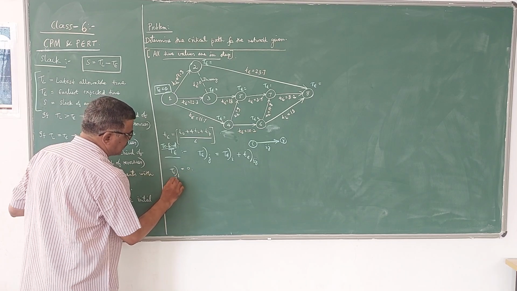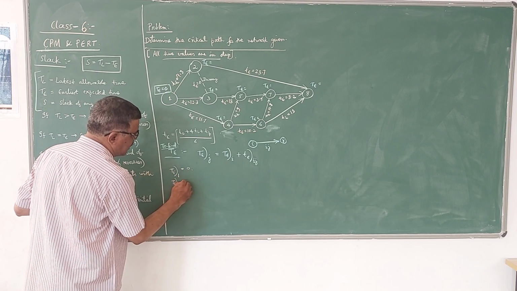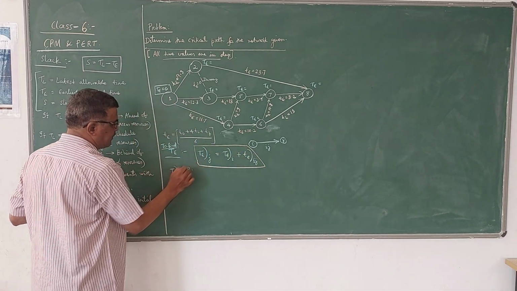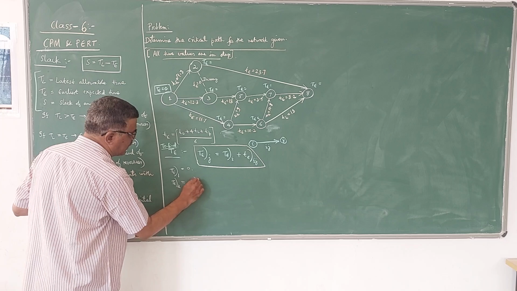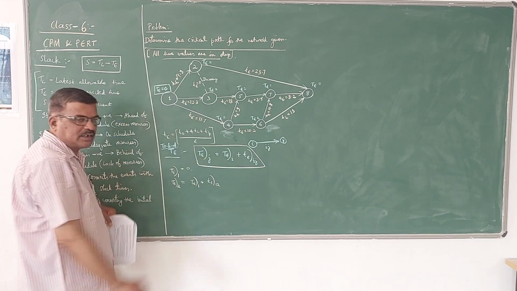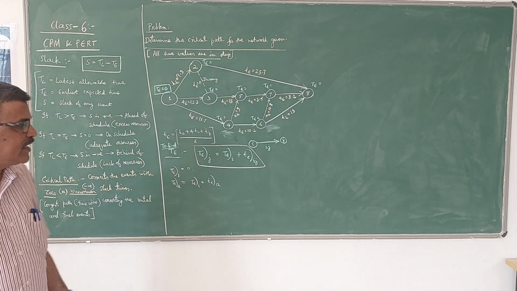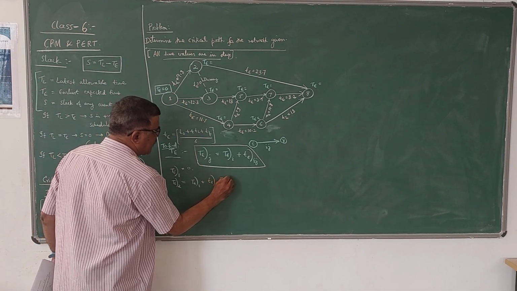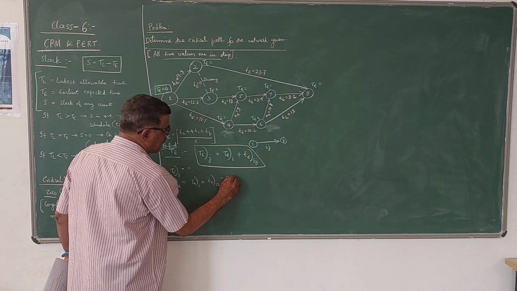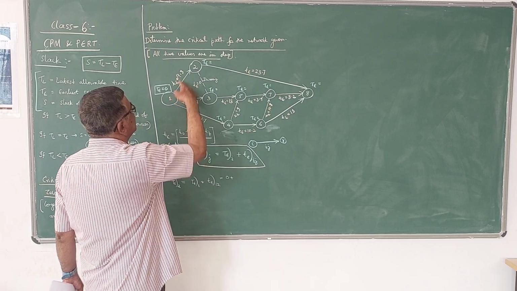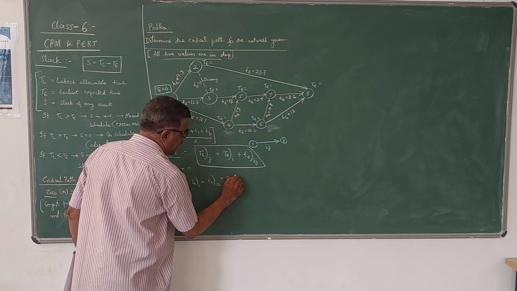Then TE2 is equal to, as per this formula, the formula we are going to use to find out capital T value, TE1 plus small t of 1,2. I is 1, J is 2 here for this event. So this is 0 plus, always the first value of T is 0 for the first event, plus t for this activity, which is 9.8.